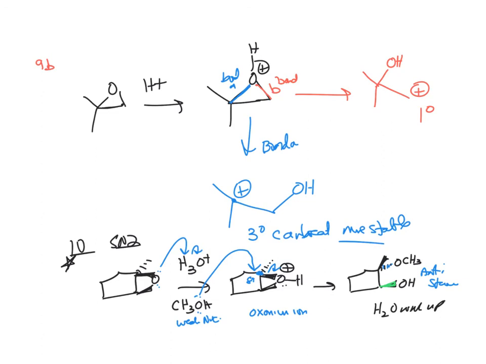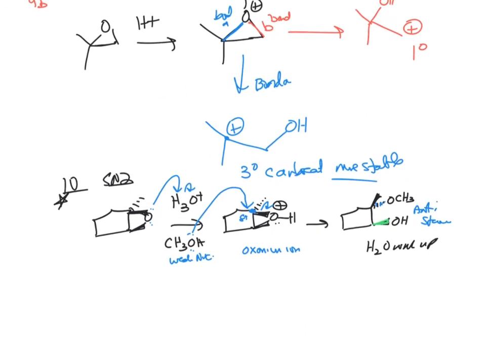So after your group agrees on the product of the above reaction, consider the epoxide if you reacted with HBr. So what if instead of this nucleophile we reacted it with HBr? What would that product be? So you would end up having the Br as your nucleophile in the ring opening.